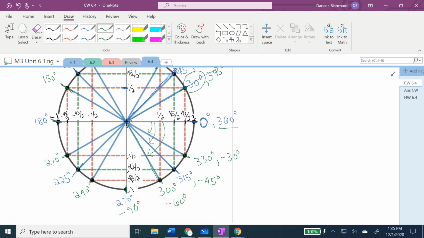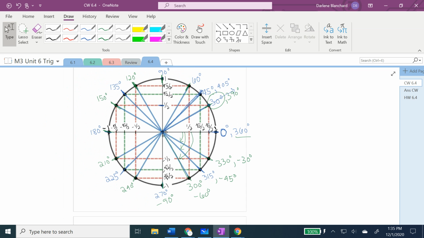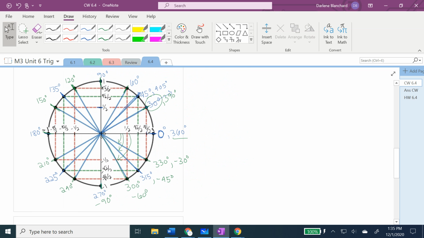So realize how powerful this is. Every angle that is a multiple of 30 degrees or 45 degrees, you now can find the sine and the cosine of that angle. For example, 210 degrees. If I asked you what is the cosine of 210 degrees, you would find where is 210 degrees, and then ask what is the x-coordinate of that point.